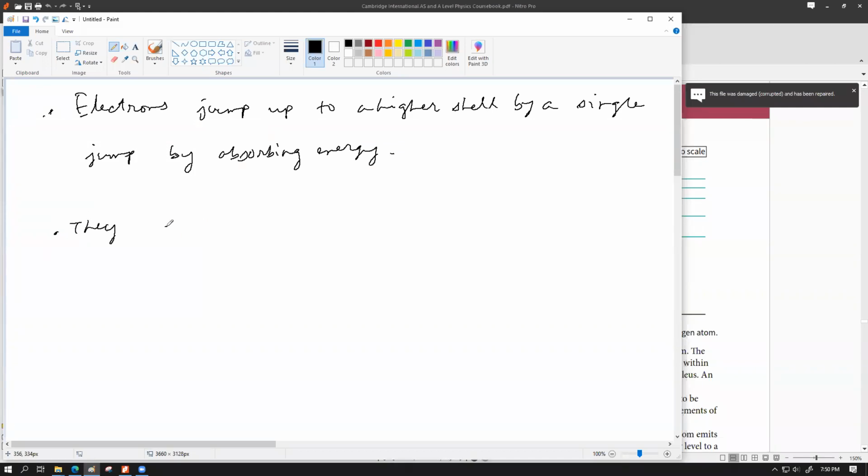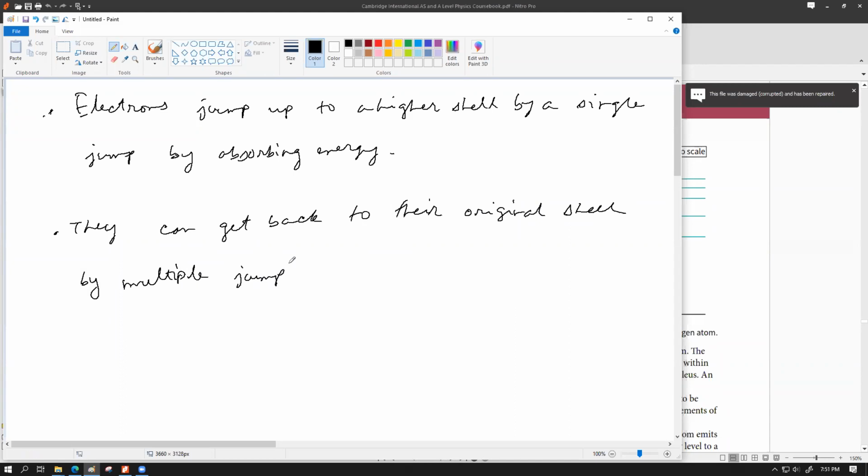They can get back to their original shell by multiple jumps at in-between levels. Full stop.